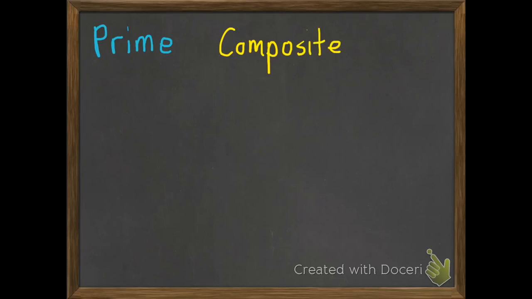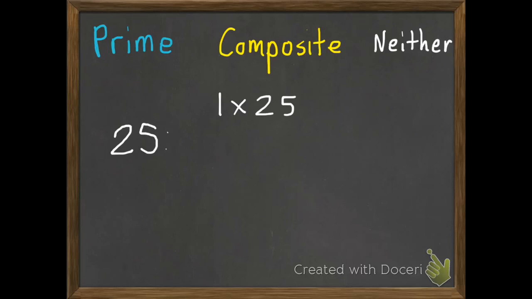Okay, watch one more. We want to know if this number is prime, composite, or neither. The number is 25. So I've got 1 times 25. 2, nope.